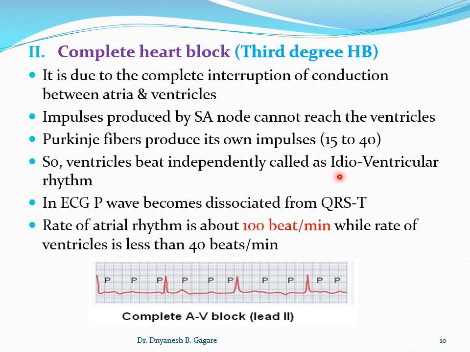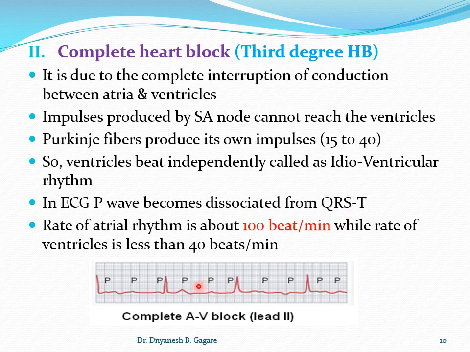The beating of the ventricle, or the recording of the contraction of the ventricle in this case, is called the idioventricular rhythm. So how does it look on the ECG? In the ECG, the P wave becomes dissociated from the QRS complex and T wave. P waves are coming on their own and are dissociated from the ventricle, that is the QRS complex.